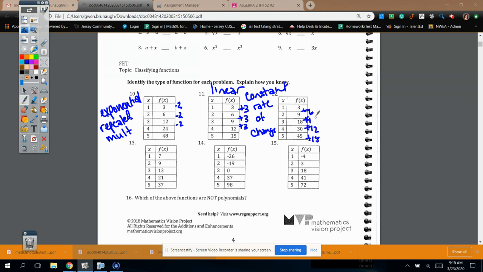But the second difference would be +3, +3, +3. So the second difference is constant. That means it's a degree 2 polynomial, or a quadratic. And how do I know that? Because the second difference is constant.